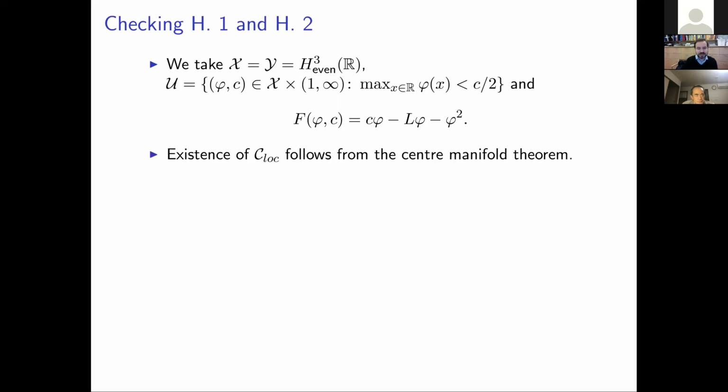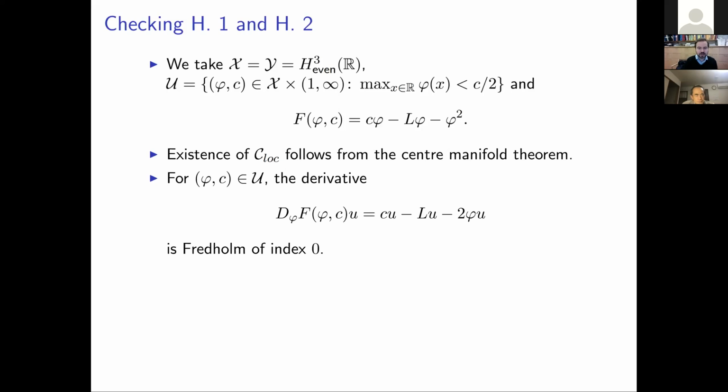Okay, so as I already said, the existence of this local curve of solutions follows from the center manifold theorem. And you can also show that this derivative along solutions is Fredholm of index 0. This might be a bit confusing because I previously mentioned that, at least when we linearized at 0, it was Fredholm of index 2.